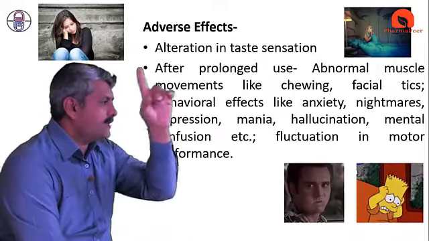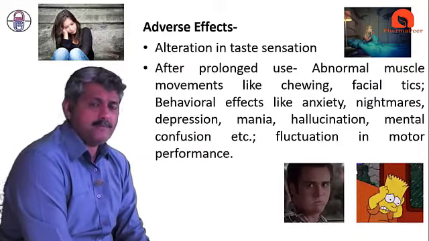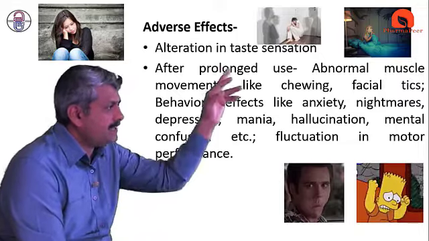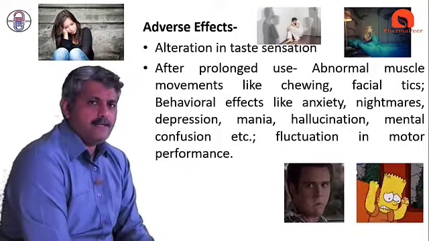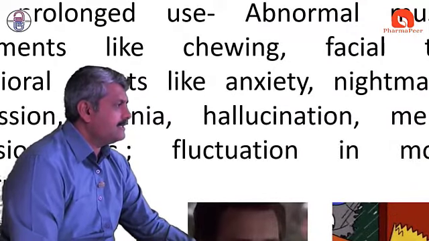As well as here you can see that some depression-like condition is also there, as well as hallucination. There is no one there, but still he is feeling that someone came there.